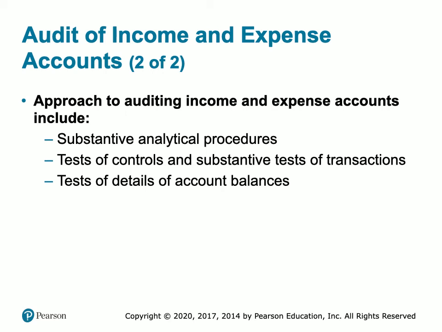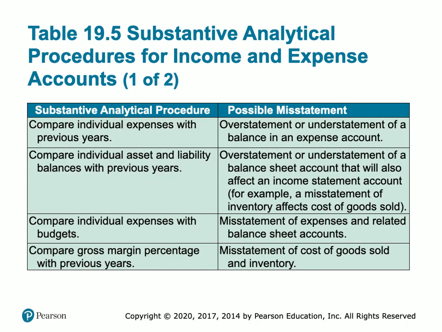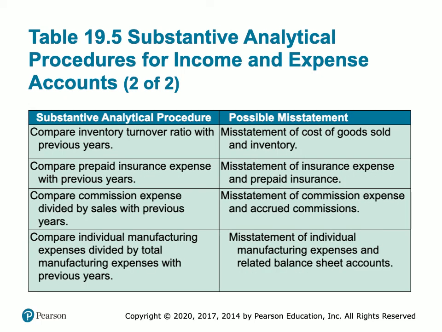In most other cases, I don't think you'll see tests of controls, and probably not as much test of transactions. Okay, and here's some analytical procedures that you can go through. A lot of this is pretty self-explanatory, so I won't go through it in detail.